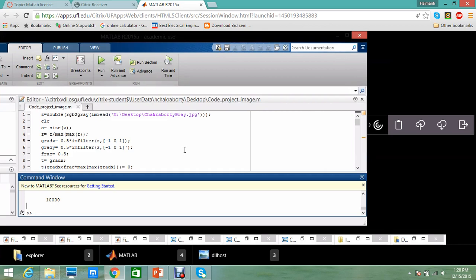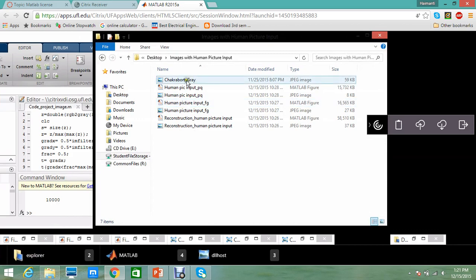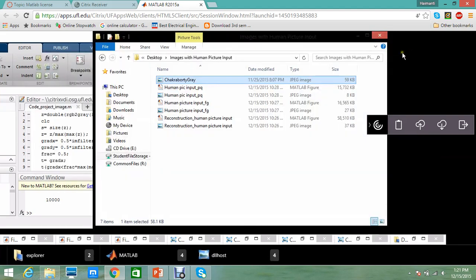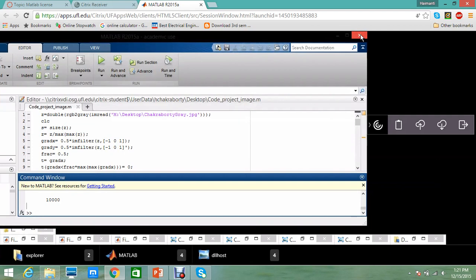We have demonstrated the second input, that is this picture, as the input to the simulation. The simulation took quite a while. We have already run this simulation so that the outputs can be shown now.